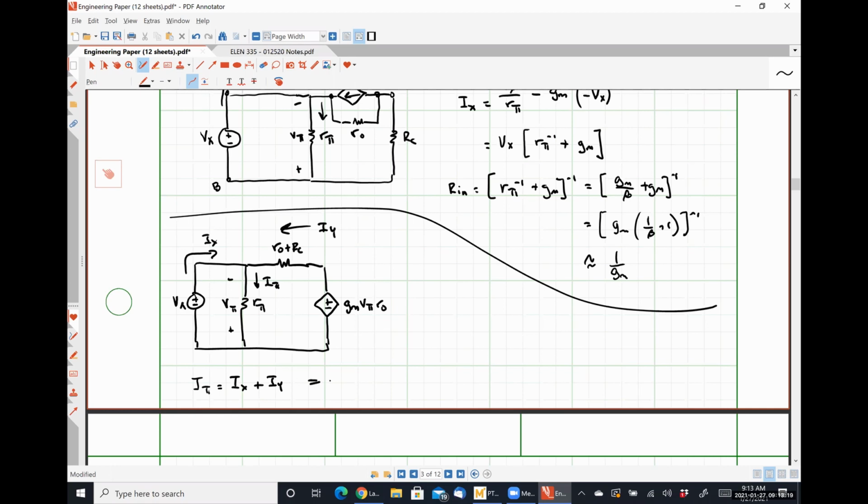which means that Ix is equal to I pi minus Iy.